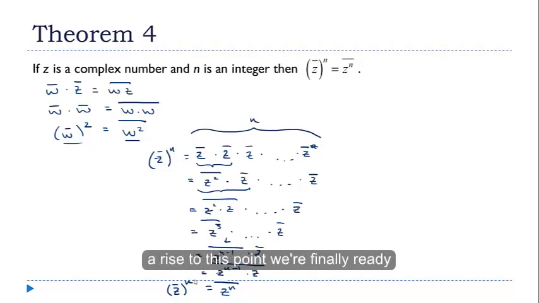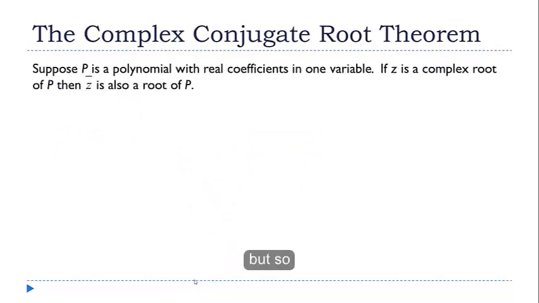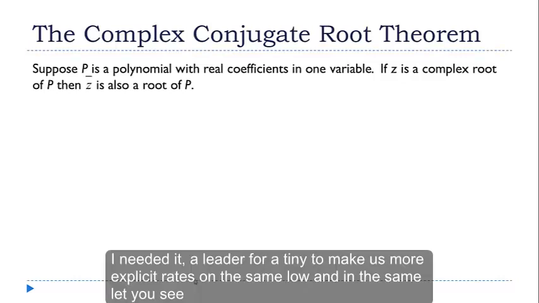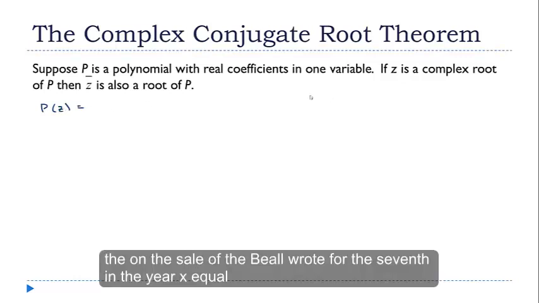All right, so at this point, we're finally ready to hit this complex conjugate root theorem. So I need to do kind of what we did before. I need to make this more explicit. All right, so I'm going to say, let P of Z equal... you see, I want Z to be the root.